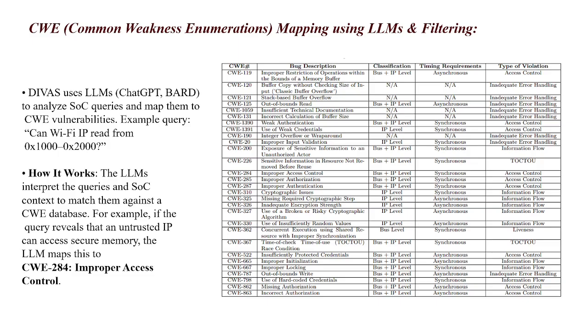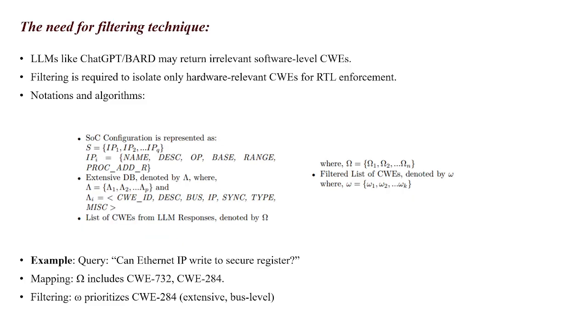Here we have given a lot of CWEs present in the database. The author used this database in his experiments. If we take an example, CWE 522, which stands for insufficiently protected credentials, is triggered when sensitive credentials like encryption keys are exposed on a bus without proper protection.